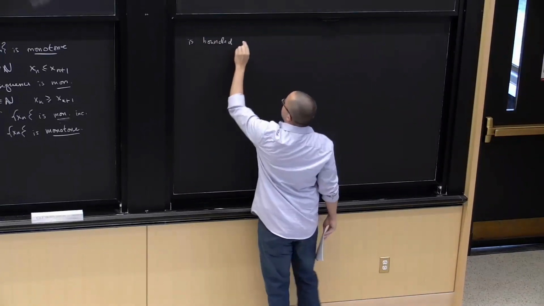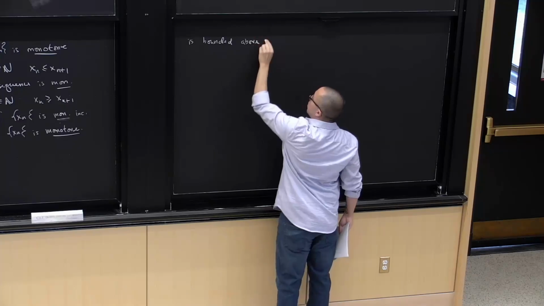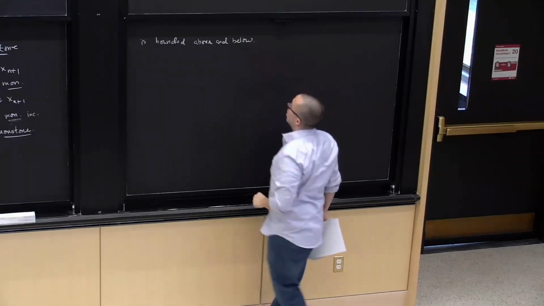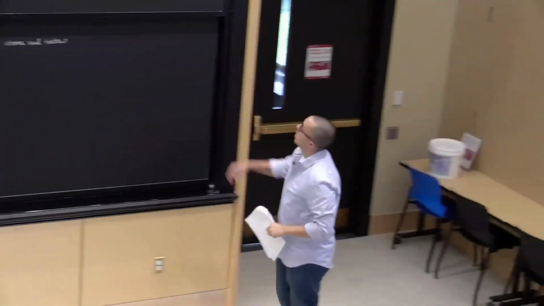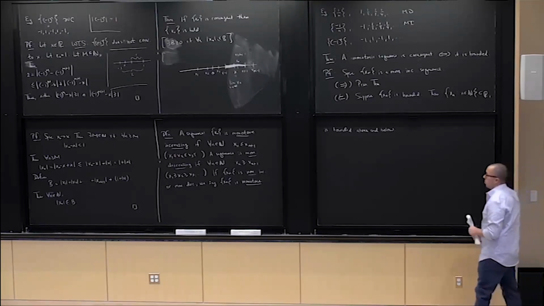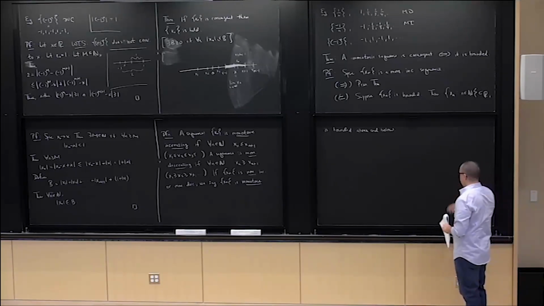Meaning it's bounded above and below, because there exists some capital B so that the absolute value of x sub n is less than or equal to capital B for all n, so that means x sub n is between B and minus B. Okay?